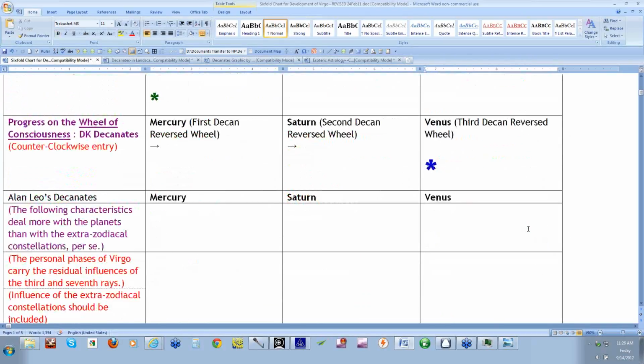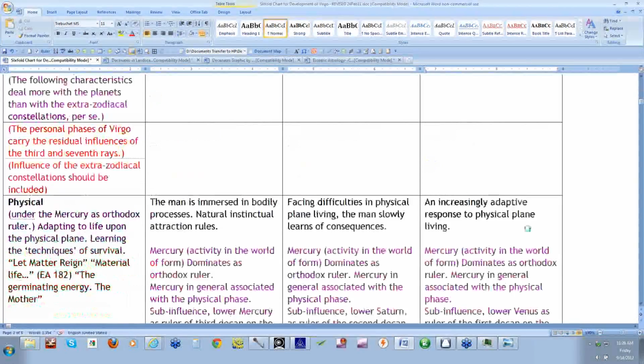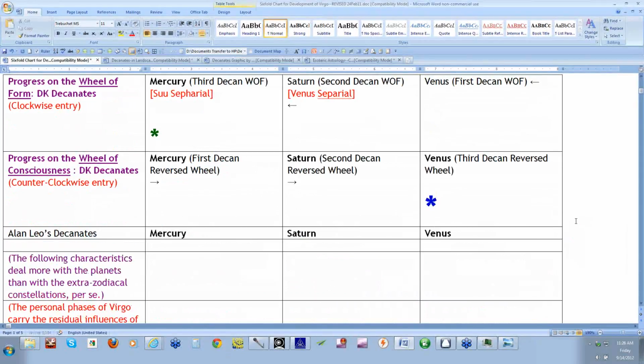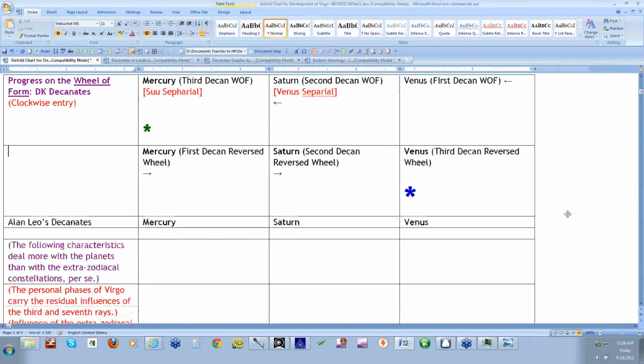Here is the general statement of Alan Leo's decanates, and for some reason, I didn't put in the Sepharial decanates, but I will right now. Not there, but right here.